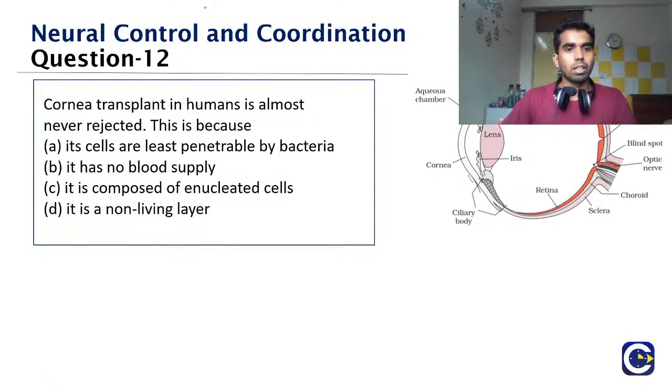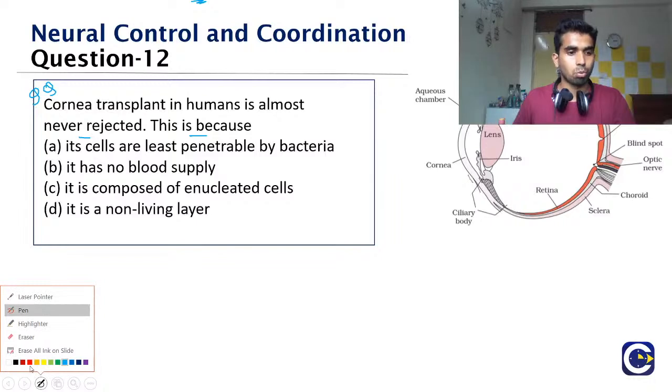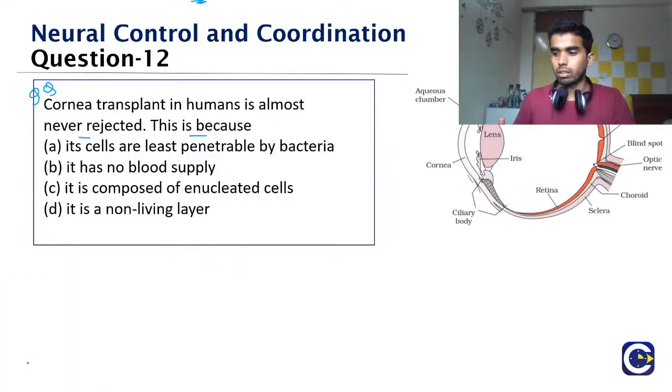Cornea transplant in humans is almost never rejected. It is because this question has been asked multiple times. So for this we need to know a little bit about the transplantation process. In a transplant, a foreign tissue is put inside the human body.